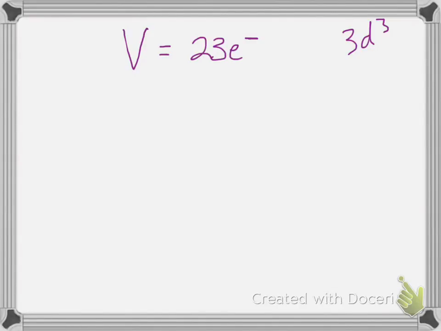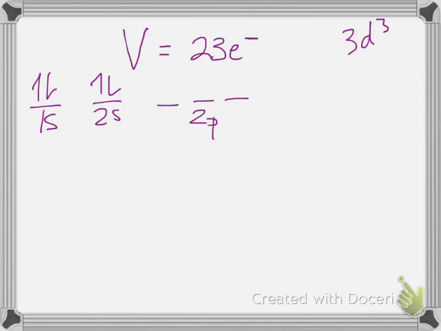Okay. So, do we want to draw orbitals? Yes, we do. Or do we want to just do electron configuration? 1s, up and down. 2s, up and down. Then comes 2p. After 2p, we read to the next line and we get 3s, up and down.